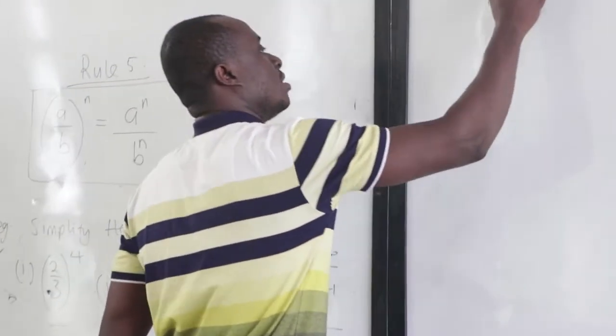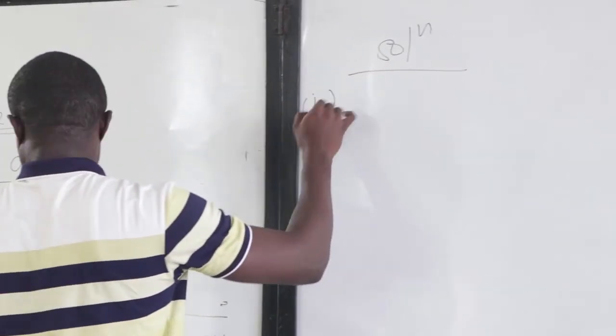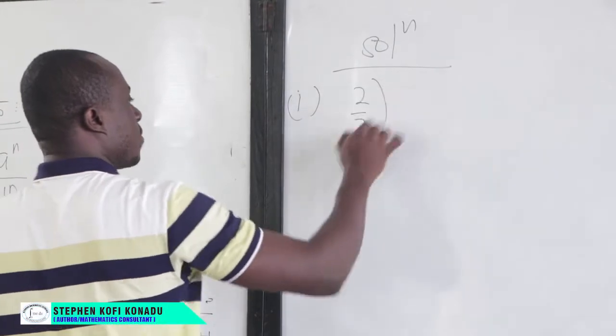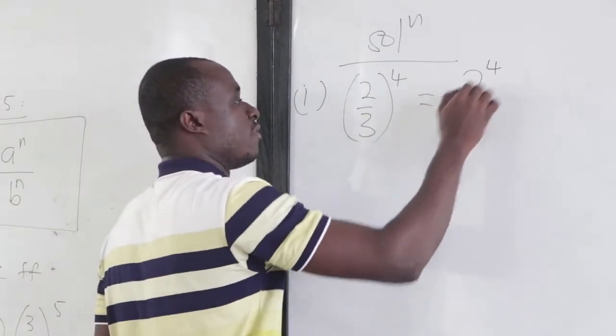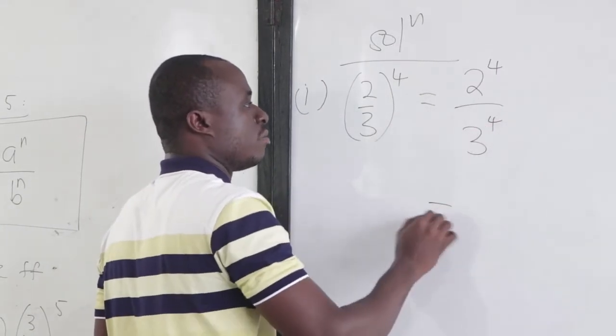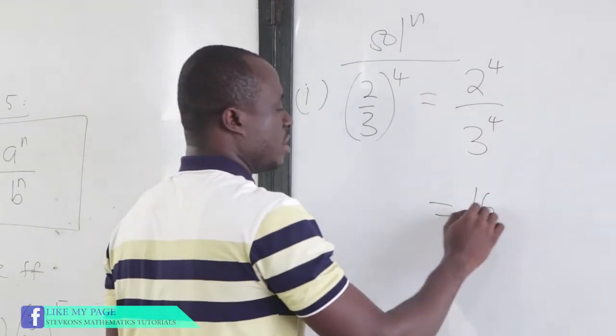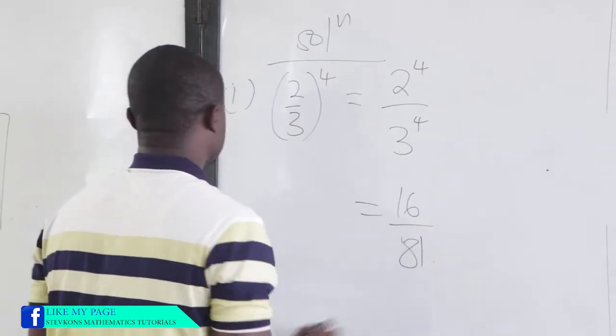Now, the first one, we have (2 over 3) all to the power 4. And from the rule, this is just 2 to the power 4 over 3 to the power 4. Now, 2 to the power 4 is 16. 3 to the power 4 is 81.